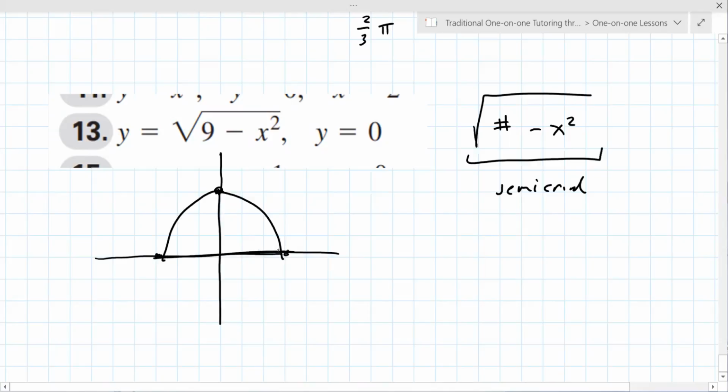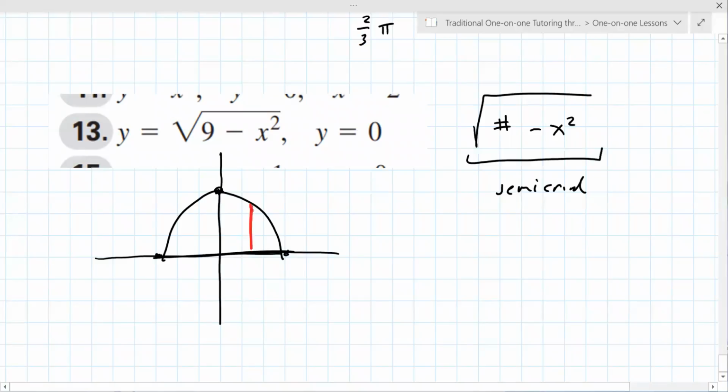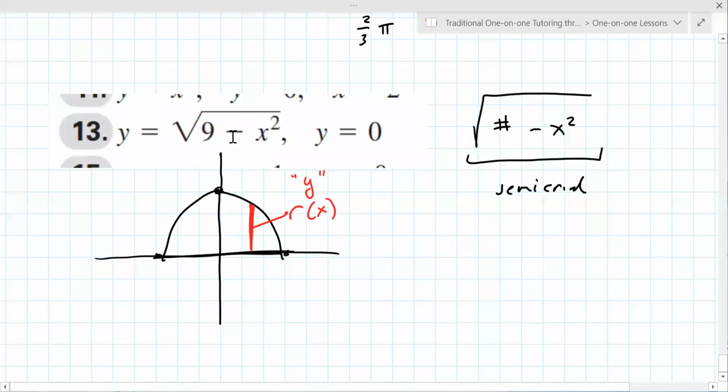And there's this graph here. And so again, in some color, sometimes it's good to show what the actual radius is. That's your radius. And your radius is usually a function of x, or in this case, y. So they just give it to you. There's not really much work to do when they give this to you.